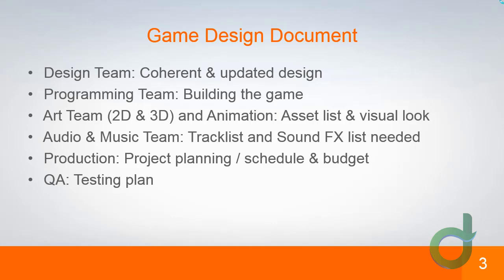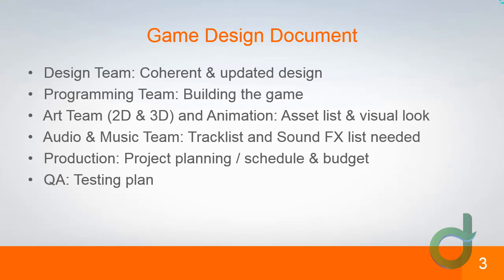It's also useful for the art team, it doesn't matter if it's 2D or 3D, and for the animation team, because they're going to use it to define the visual look of the game and to create an asset list. If you're listing the number of animations that you need, the number of items, the number of weapons, whatever, this is something that they're going to grab and use as a reference.